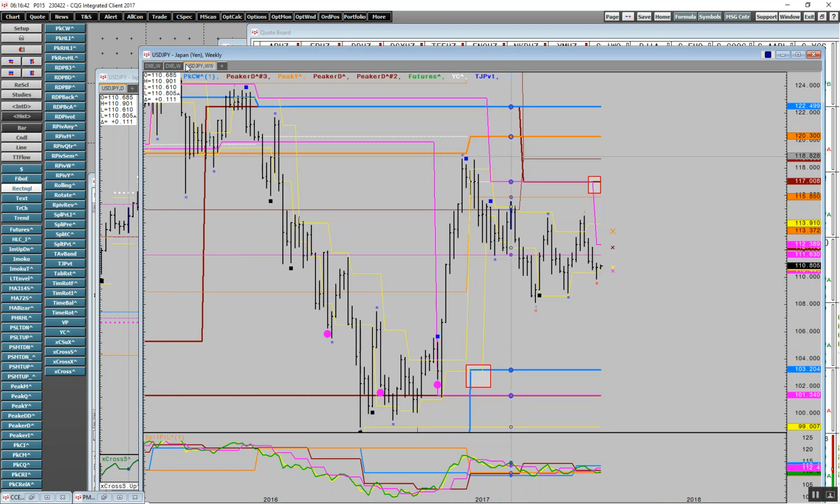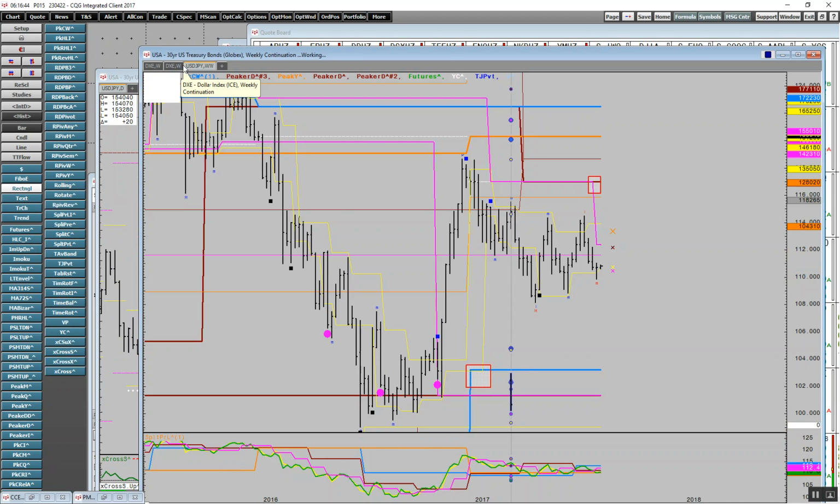So might just have a quick look at 30-year bonds. The broader trend in bonds is down. It, like the yen and like a lot of other markets, is compressing in time, and at some stage will provide a violent breakout, and from there you'll get a clearer picture.